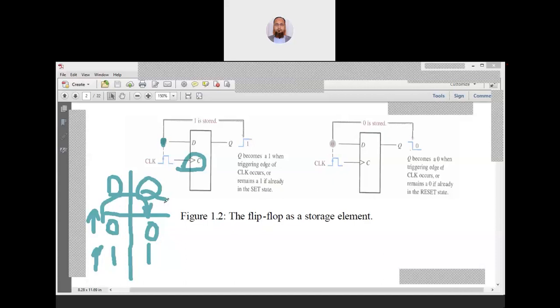And we can make the D flip-flop using the JK flip-flop as well.